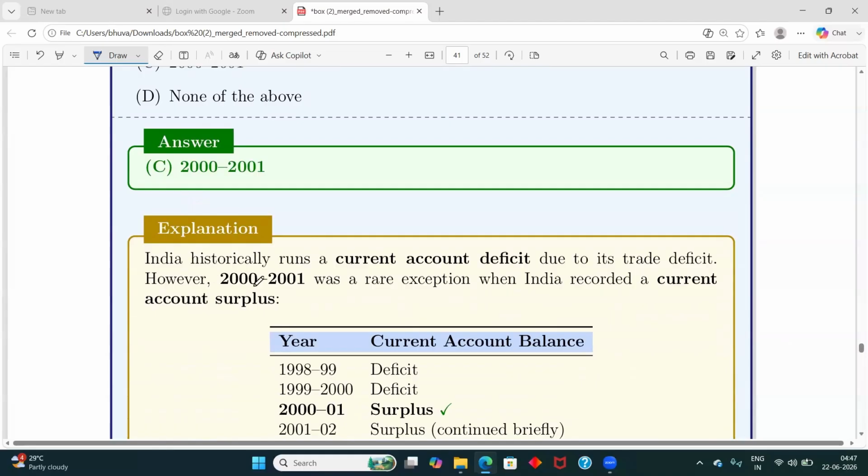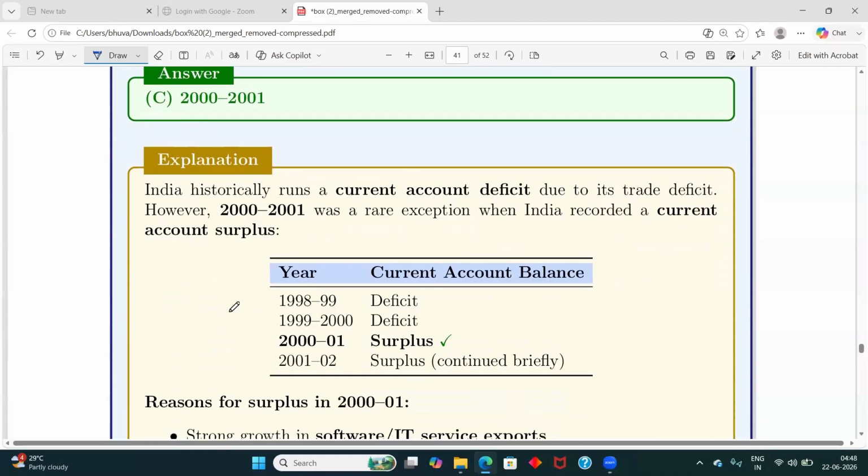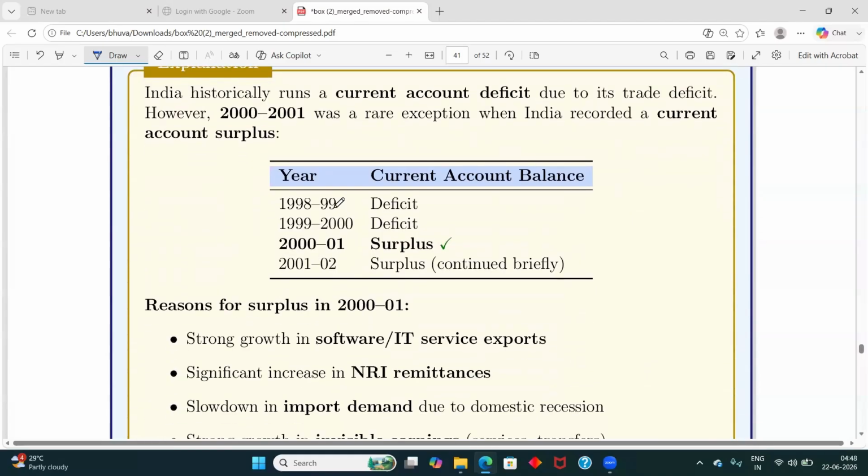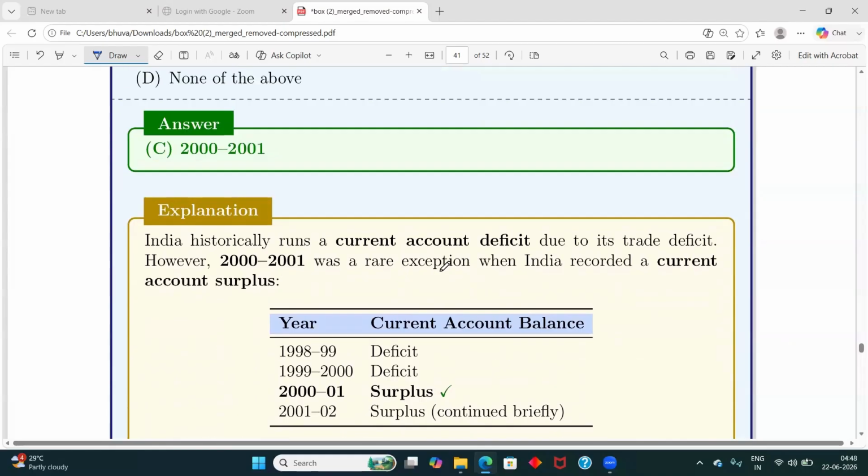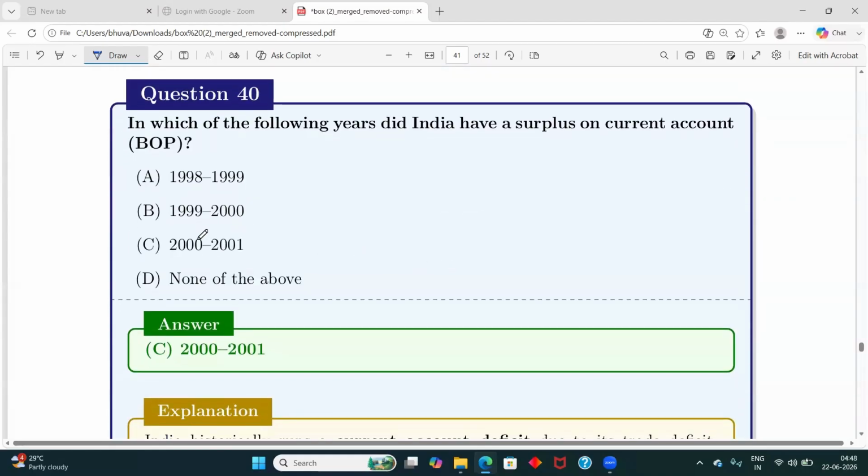However, 2000 to 2001 was a rare exception when India recorded a current account surplus. In 1990s deficit, again 2000 deficit. 2001 is surplus, and 2001 and 2002 surplus continued briefly. So the correct option is C.